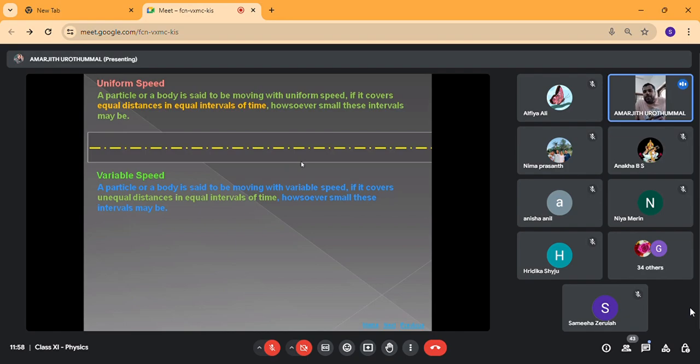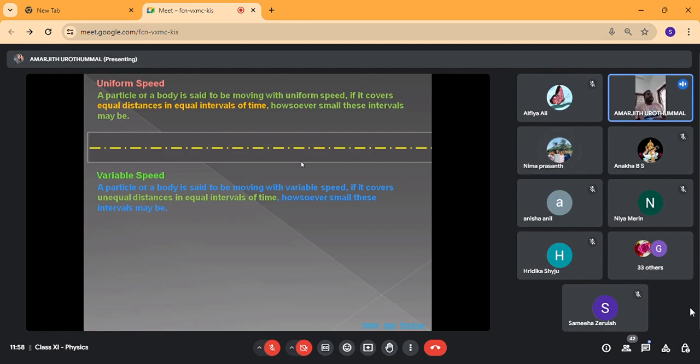For example, in the first 5 seconds, it traveled 10 meter, and in the next 5 seconds, it traveled 20 meter. Then it is an example for variable speed. First 5 seconds, 10 meter means what is the speed? First 5 seconds, the car traveled 10 meter.